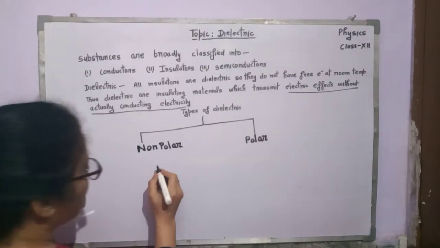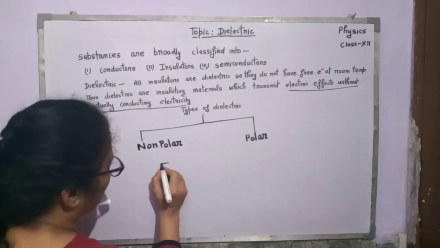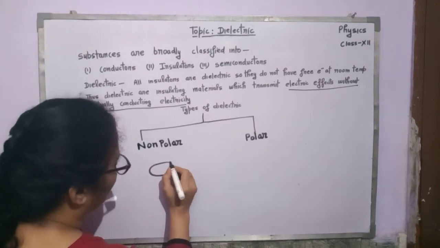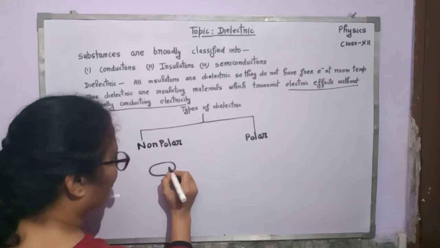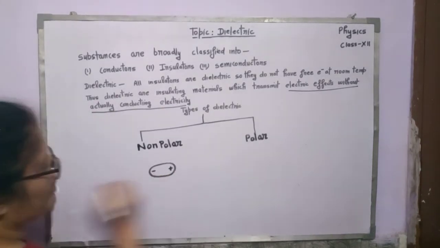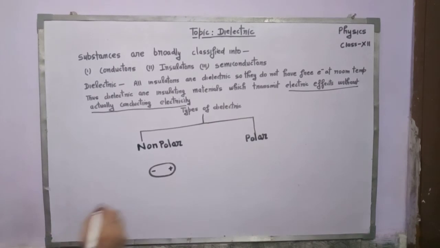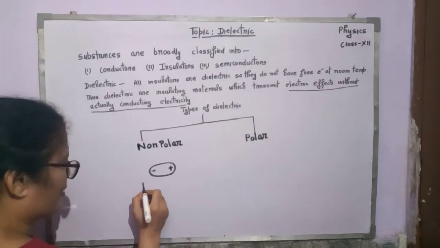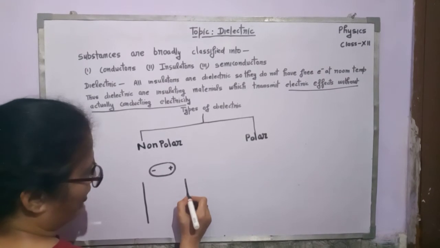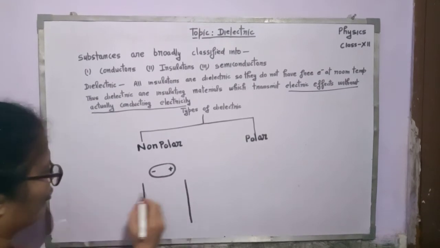Then what happens? The positive charge is pulled in the direction of the electric field and the negative charge is pulled in the opposite direction of the electric field. In general, suppose this is an external electric field applied between these two plates.